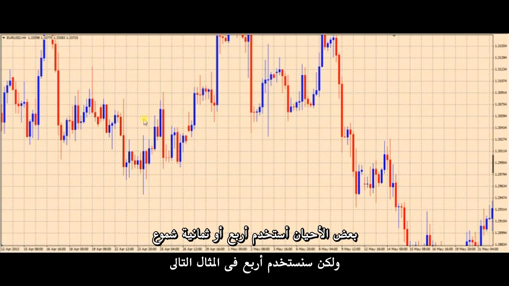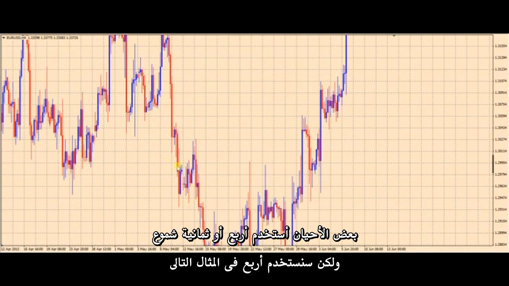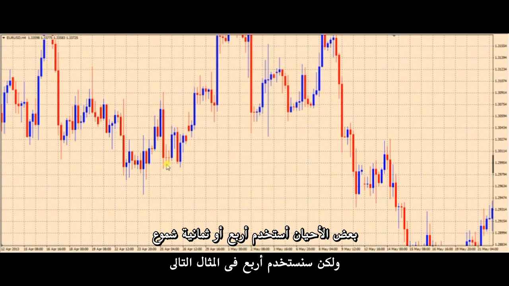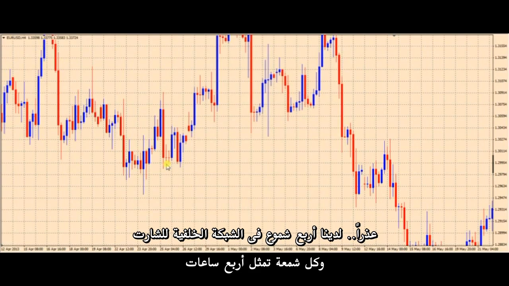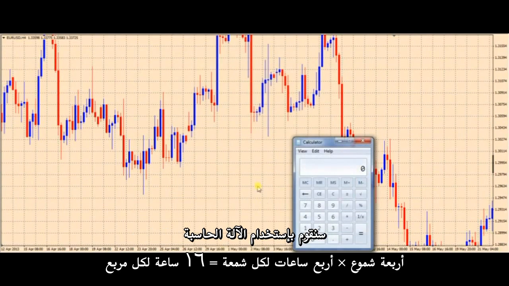I either use the 4 or sometimes I use 8 candles per background grid, but we'll go ahead and use the 4 as our example here. We have the 4 candles per background grid, and each candle represents 4 hours. So if we bring the calculator up here, 4 candles times 4 hours for each candle means that each background square has 16 hours of time.